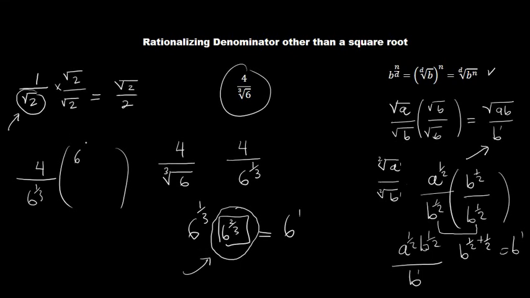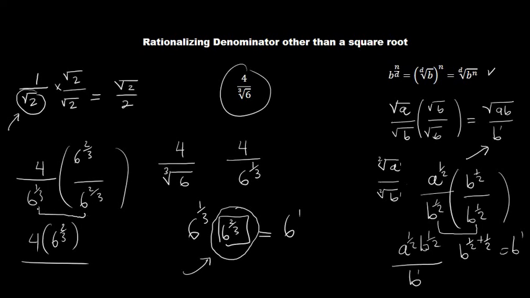So we have 4 multiplied by 6 to the 2/3 over 6 to the 1/3 multiplied by 6 to the 2/3.